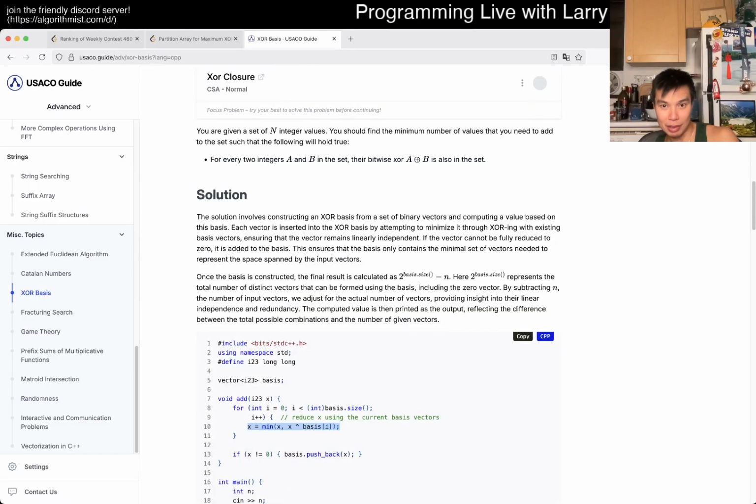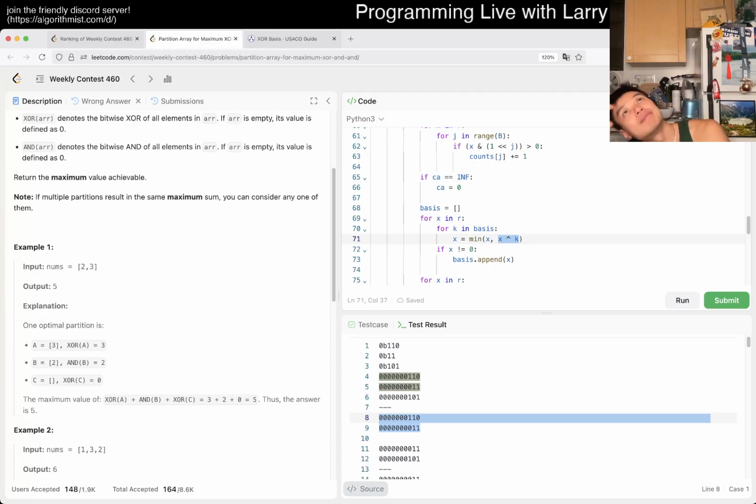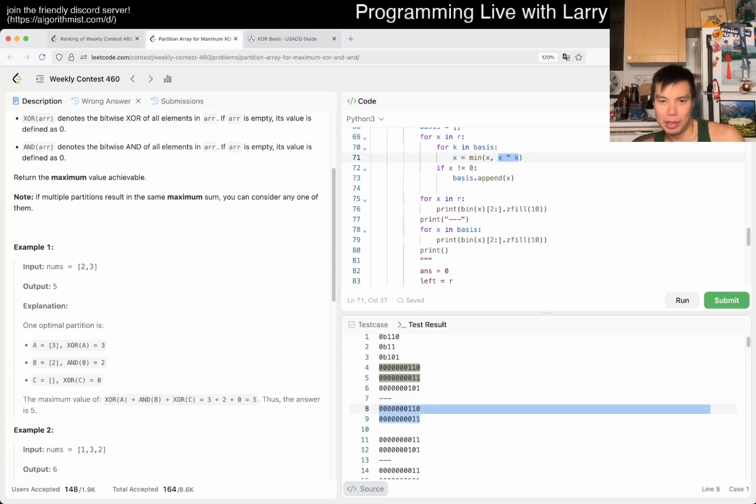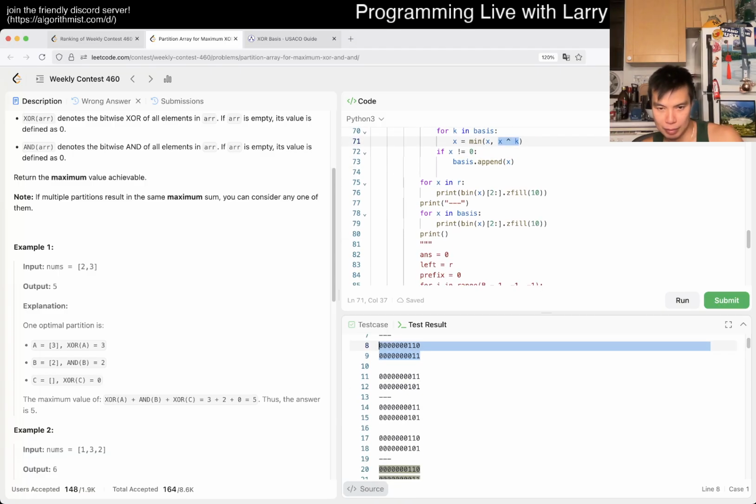Maybe my math is wrong. Let's see. Maybe I don't remember. I don't know the non-XOR equivalent, which is what I'm trying to think of. Why does this work? There are two questions right now. Why does it work, which I would like to understand, and then given this as an output, what is the result?